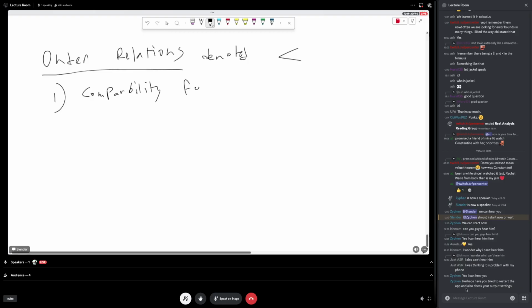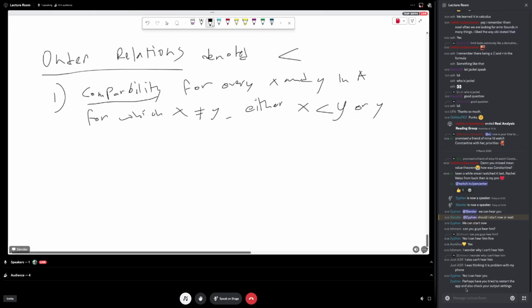So for every x and y in A for which x is not equal to y, either x is less than y or y is less than x.